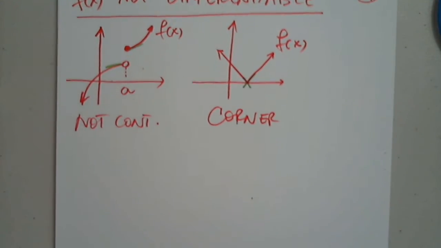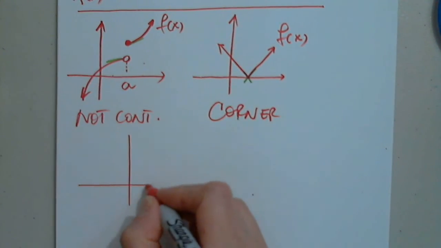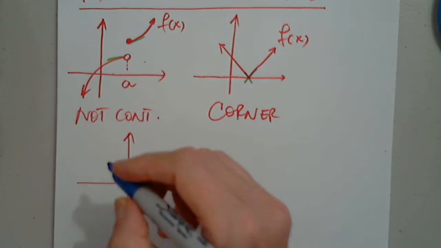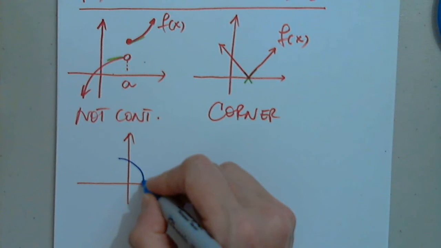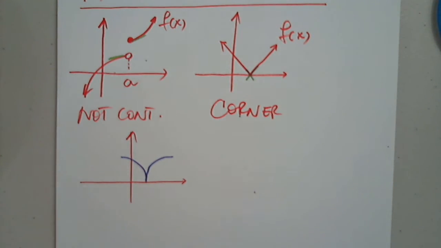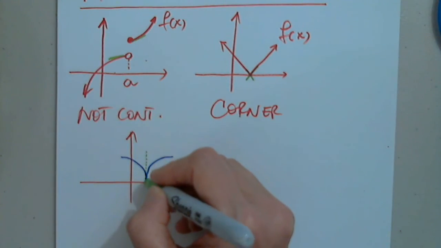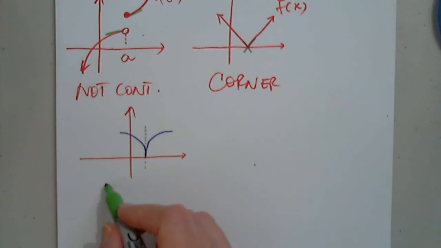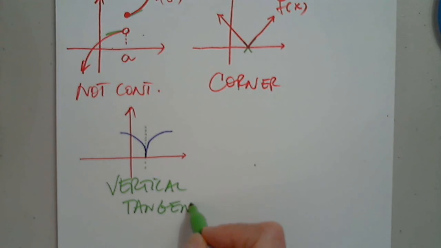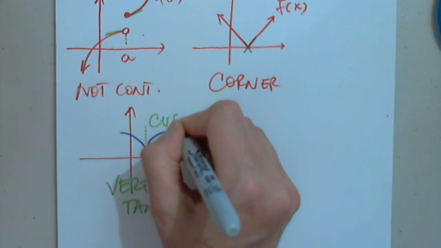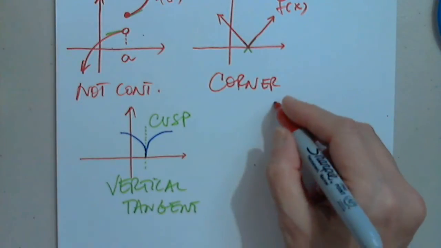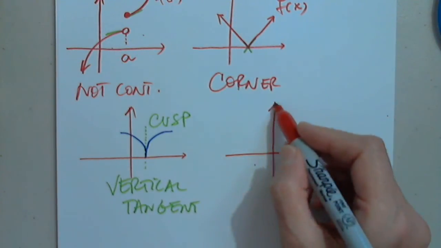Another possibility, something like this, like between two teeth, so to speak. This is like a vertical tangent. This is called a cusp. And the actual vertical tangent, they are the same.